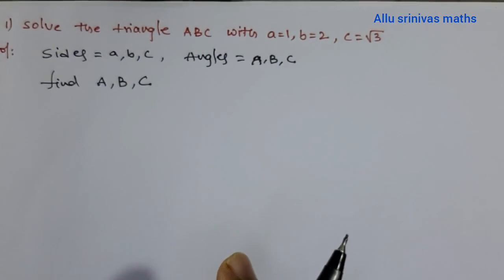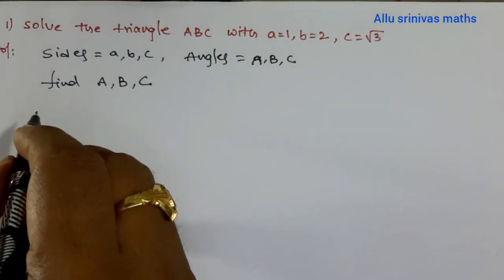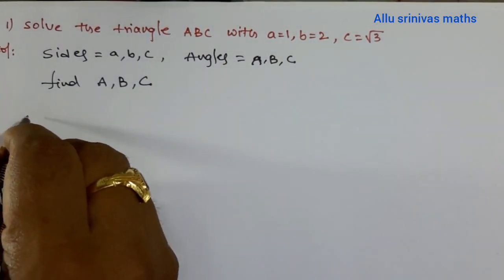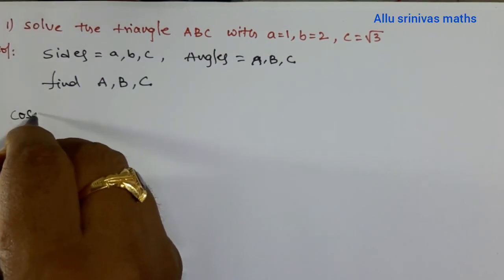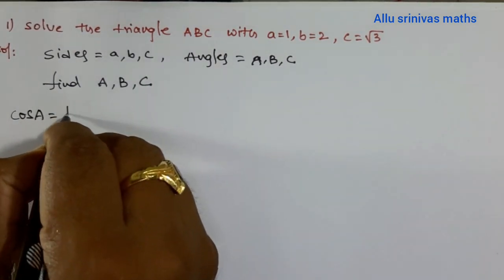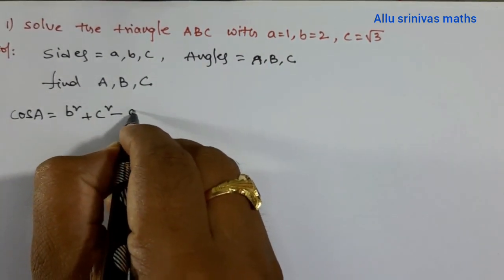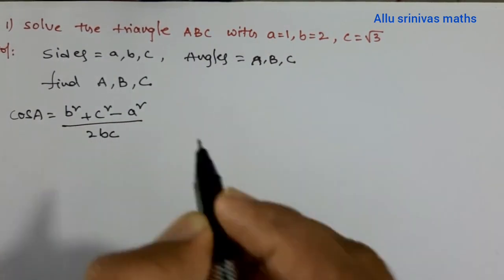We know the formulas for finding the angles by using the cosine rule in properties of triangles. The formula for finding angle A: cos A equals b square plus c square minus a square by 2bc.